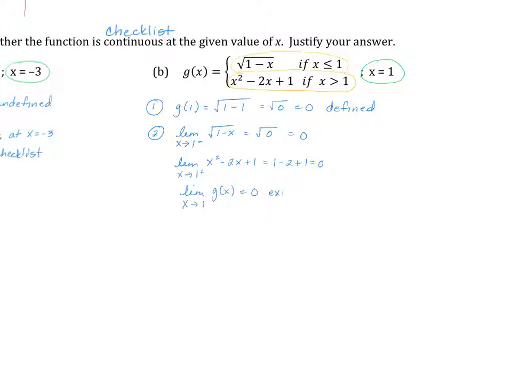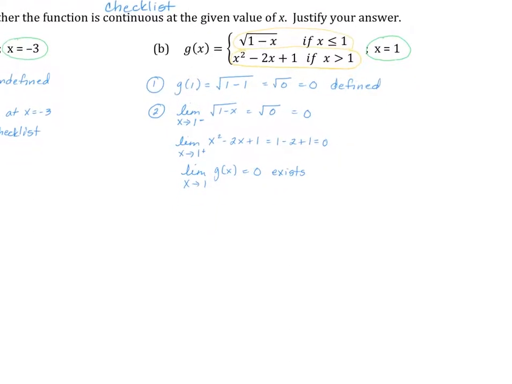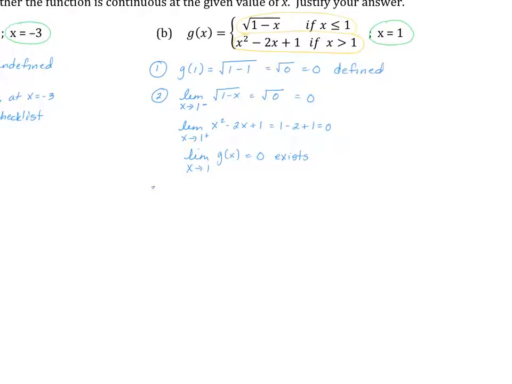So the limit exists. So conditions 1 and 2 have been met. Let's check condition 3. Condition 3 is easy to check if you've already done 1 and 2. We're just saying, is the limit equal to the value of the function? Is condition 1 equal to condition 2? And yes, it is, because g of 1 is equal to 0, which is equal to the limit as x approaches 1 of g of x.